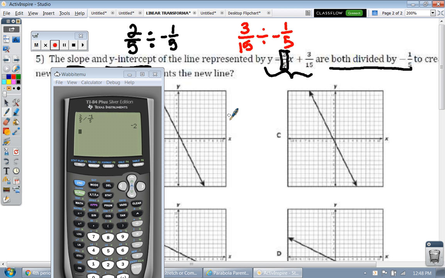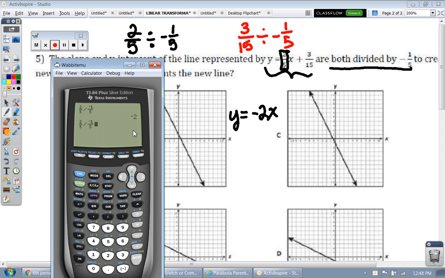My slope now is negative 2. I'm going to put that in front of x. So let's get our y-intercept. Now I'm going to do a little trick here. I'm going to copy this down, scroll back over, and replace that 2 with a 3. And then I'm going to replace this 5 with a 15. Then I'll hit enter, and it's going to give me a y-intercept of negative 1.